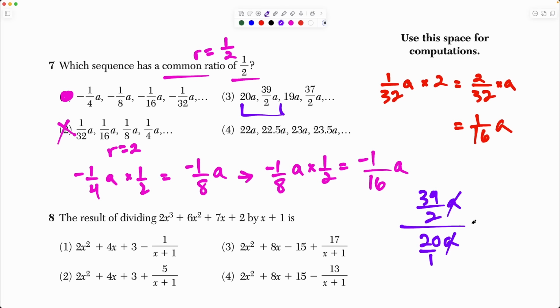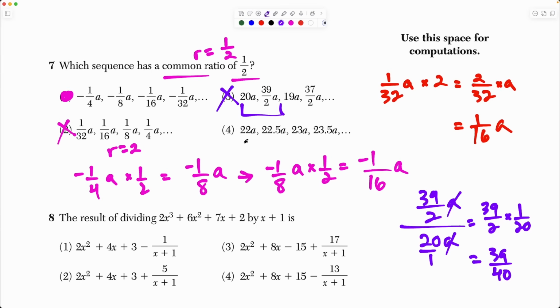I could call this 20 over 1, and then this is 39 over 2 times 1 over 20. So this one looks like the common ratio is 39 over 40, but I would have to see if I multiply by 39 over 40 again to see if that would bring us to the next value over here. At that point, though, I just see that it's clearly not 1/2. So I'm just like, all right, not this answer choice.